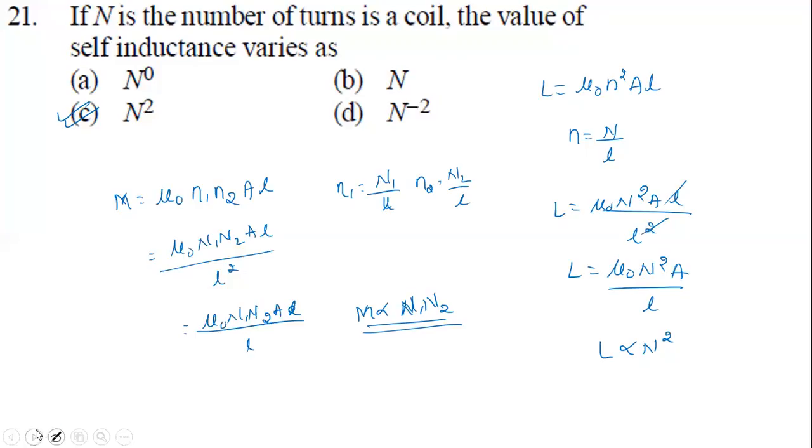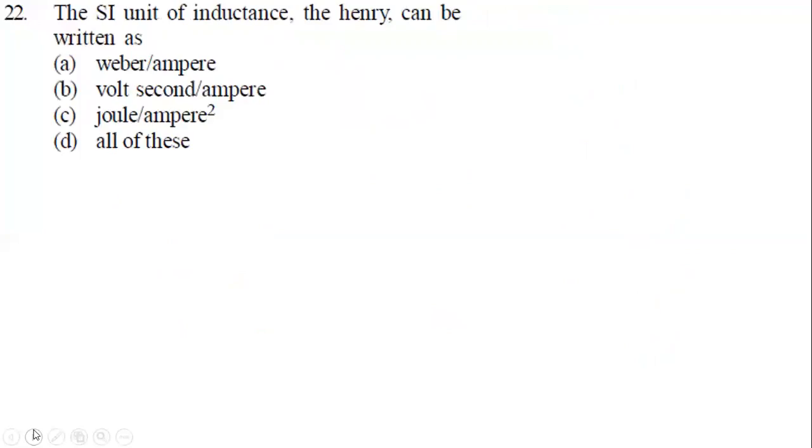Okay, so next thing, look at question number 22. Question number 22 is asking the SI unit of inductance. We can write the Henry in what and all forms, that we need to find out now. So the SI unit of inductance is Henry. So what is the formula for inductance?